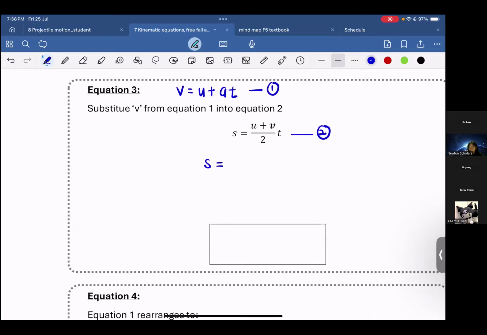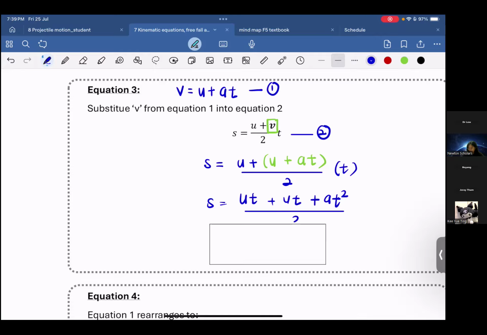s equals u plus the v here, so we put it in: u plus at, then divided by 2, times t. So s equals ut plus ut plus at squared, divided by 2.